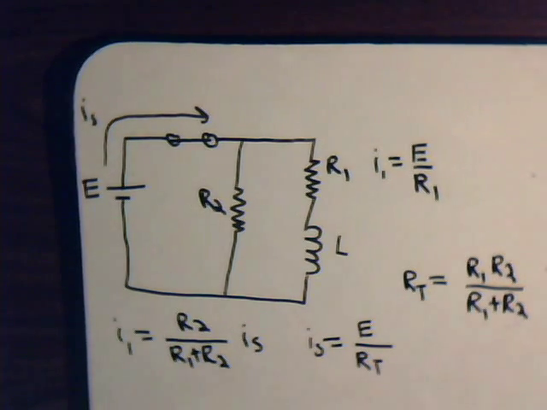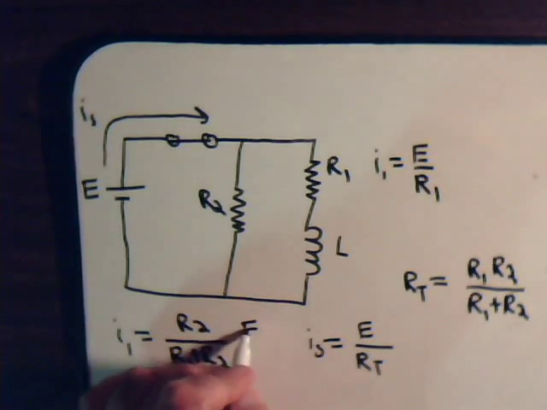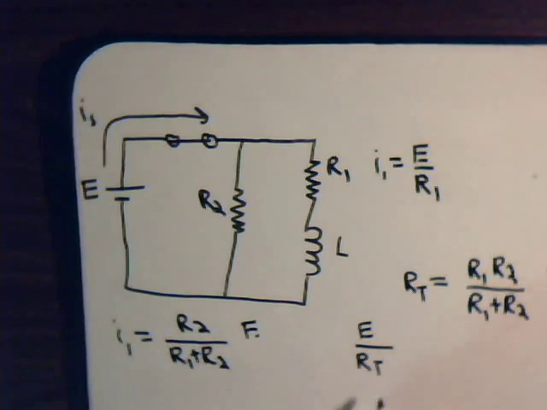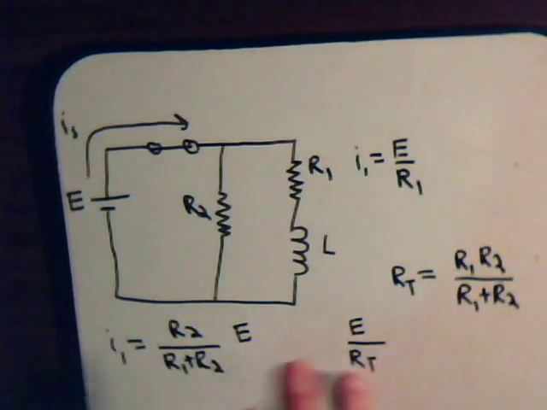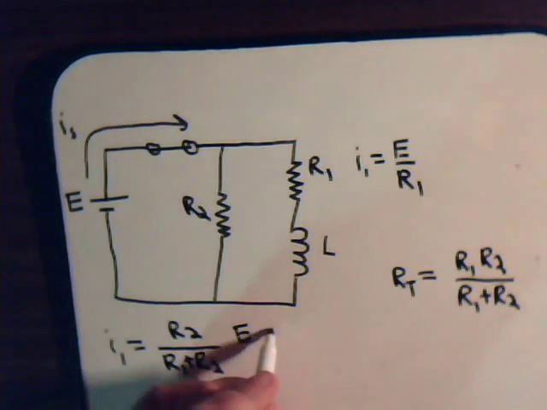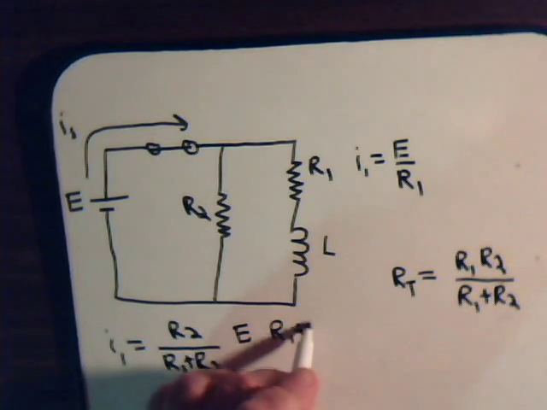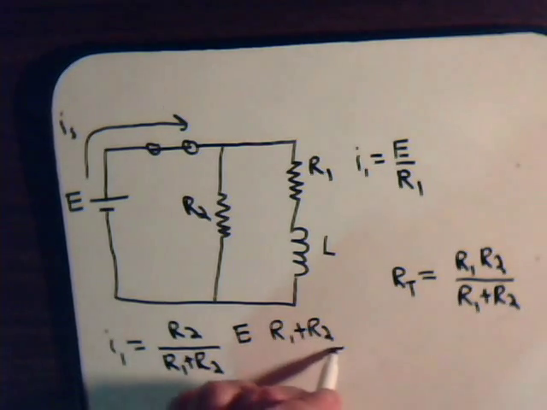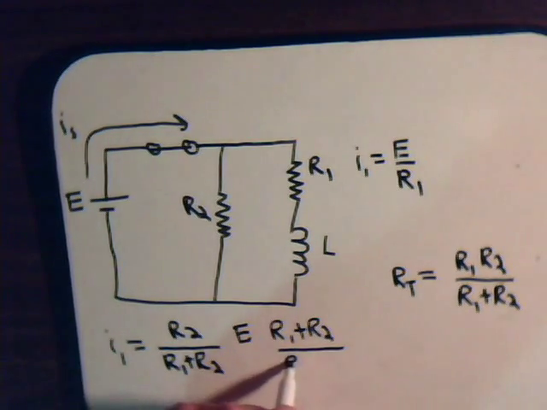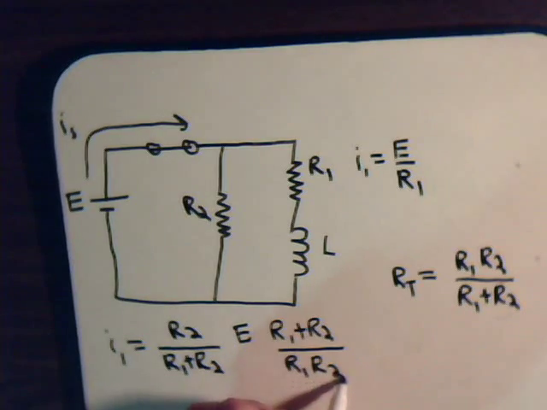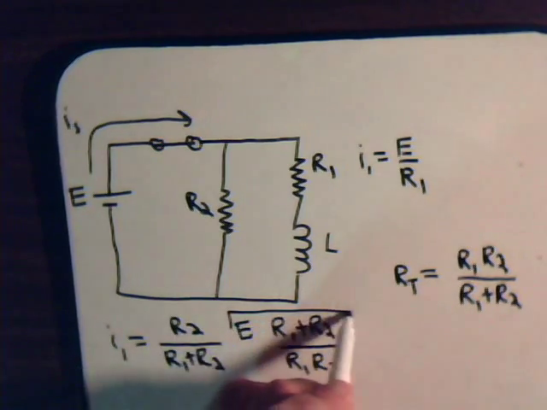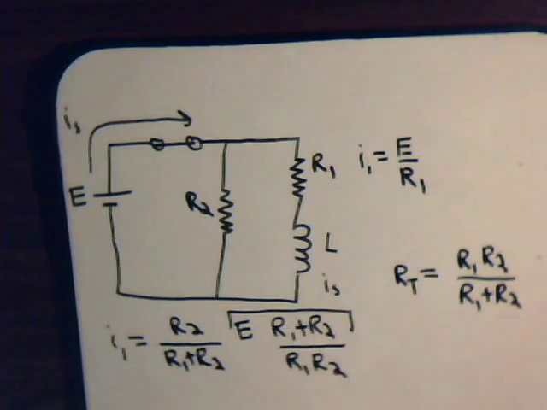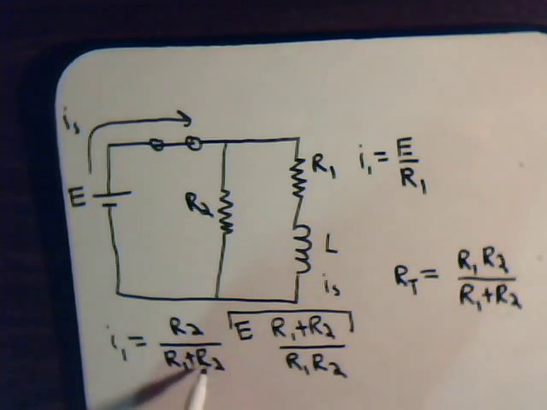So IS will equal E times R1 plus R2 divided by R1 times R2. This is IS. And you see we have cancellations here.